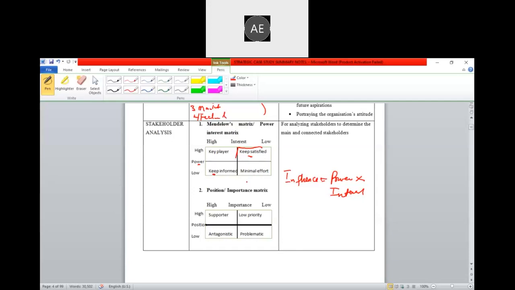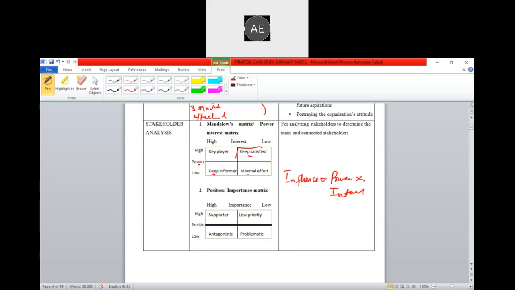Lastly, a stakeholder who has low power and low interest is called minimal effort. So the purpose of this analysis is to identify those stakeholders who have influence. Based on this analysis, we can say that the key players and the keep satisfied have high power, they have the most influence. Therefore, the organization must satisfy their needs as compared to keep informed and minimal effort.